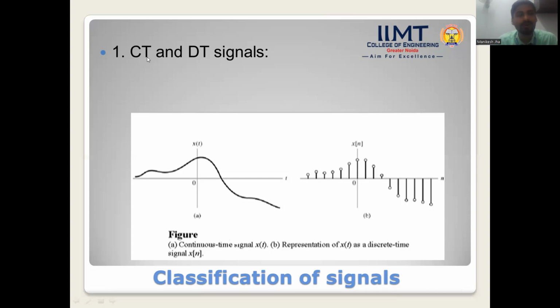It exists only at integer values. So remember the common difference between CT and DT: continuous time is valid at every instant of time, whereas discrete time is valid only at integer values of time. This is the difference between CT and DT signals.